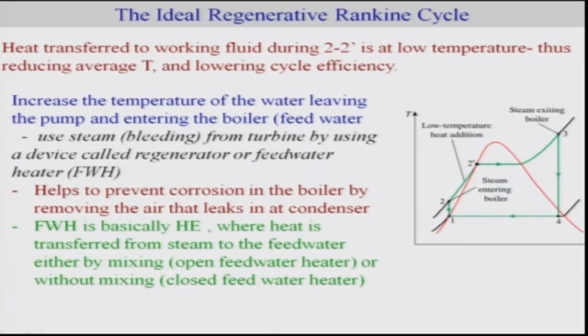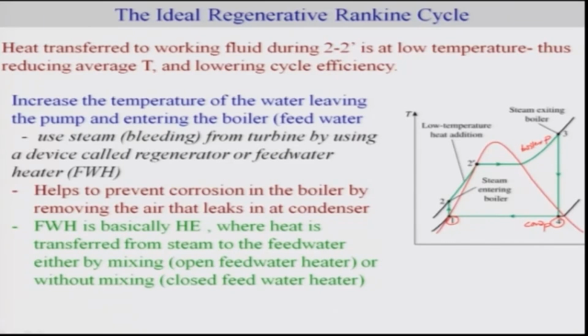At this condition, it enters the turbine, which isentropically expands to reach a two-phase system, that is at 4. Here it enters the condenser and condenses so that we obtain saturated liquid. So this is at condenser pressure, and this is your boiler pressure.